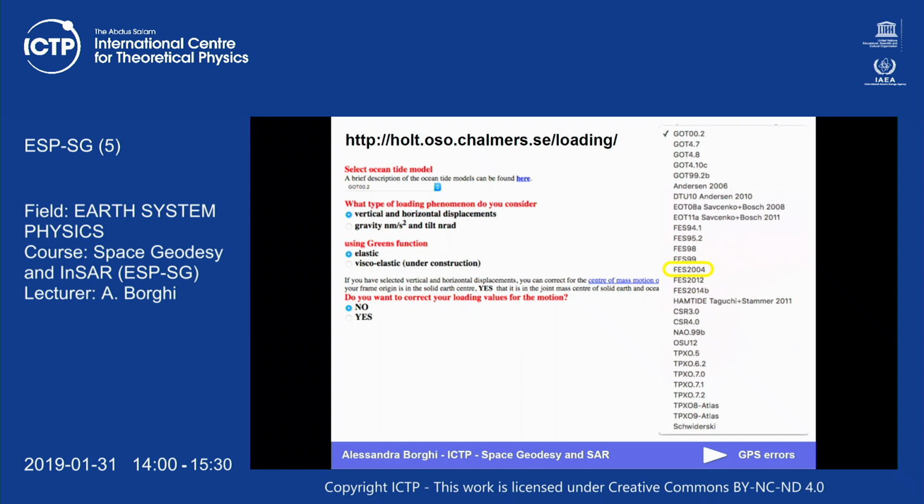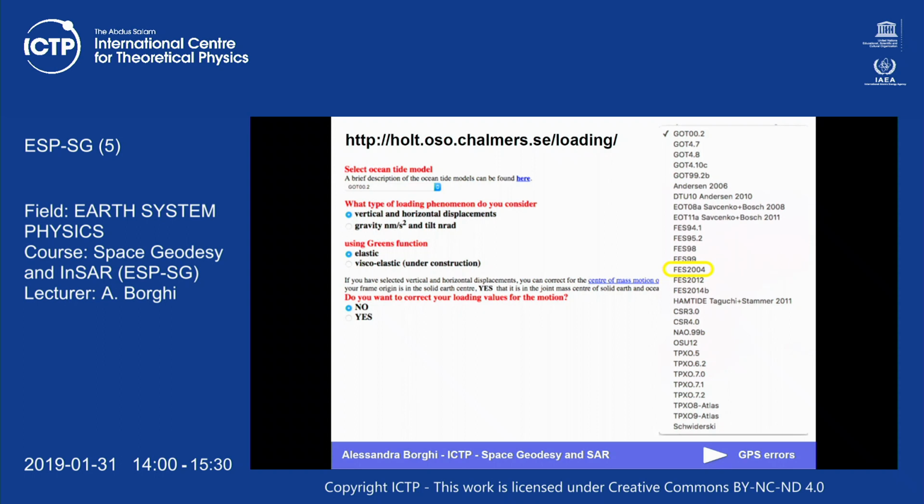Okay. When you go to this website, we find a lot of information. It's interesting about the physics of the problem, and it's an interactive website. You are going to select the ocean tide model. We have a long list of ocean tide models. Some are old models, others are new models.